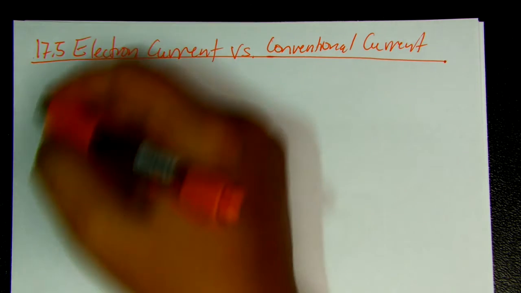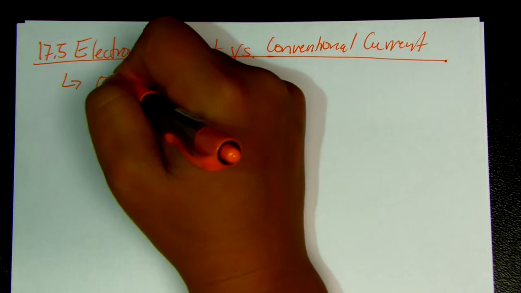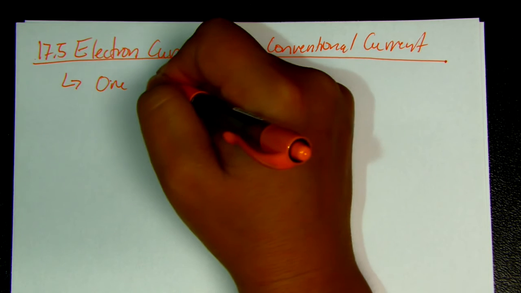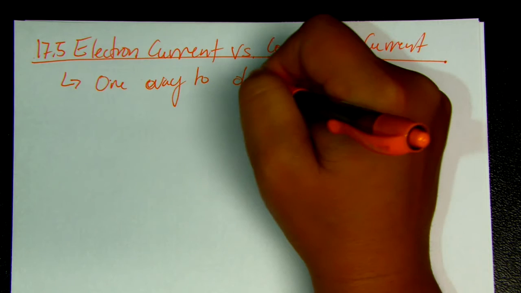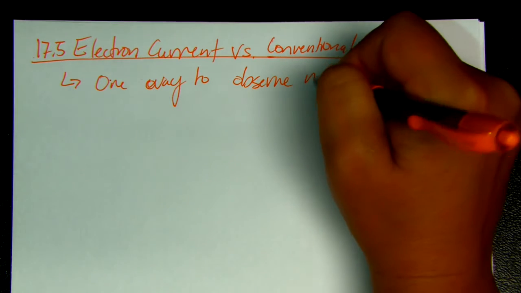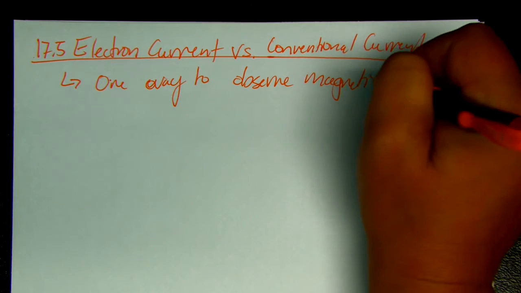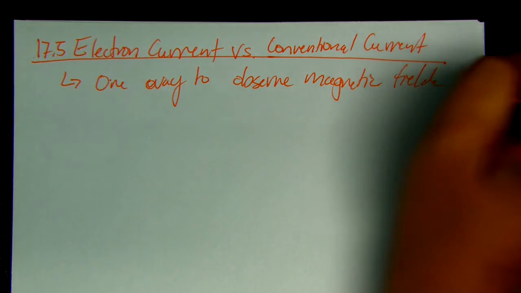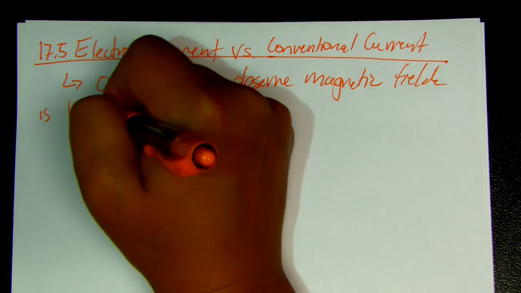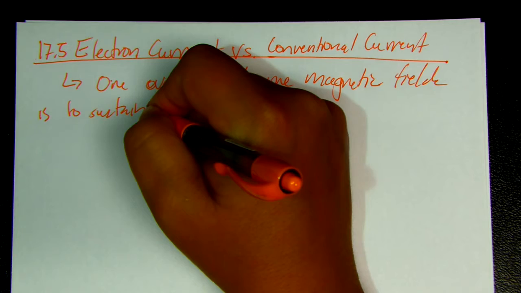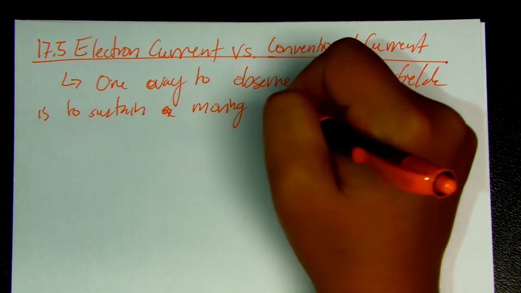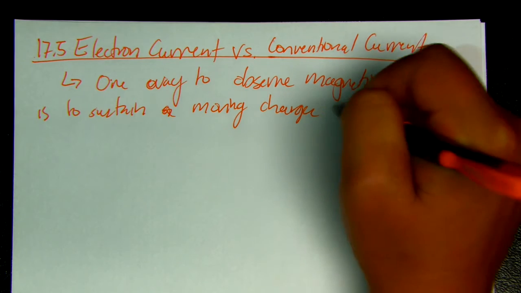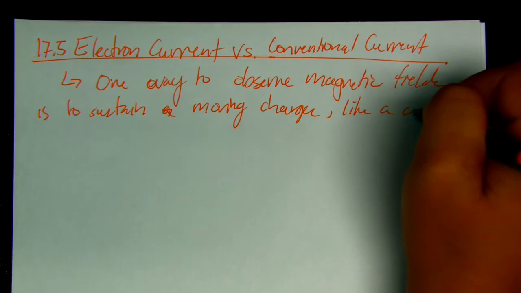So, one way to observe magnetic fields is to sustain moving charges. Like a current.